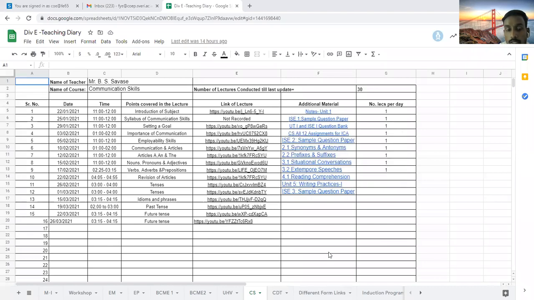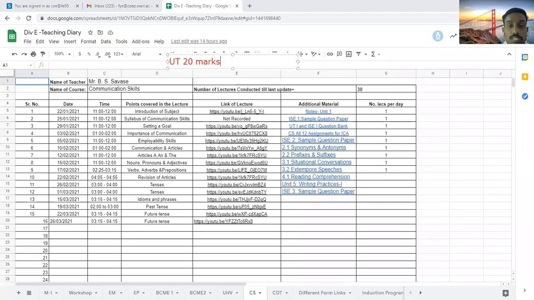First of all, instead of going ahead with ISC sample paper 2, I will discuss the pattern for unit test 2. On the screen, I would like to add a text here, and you can see if it is visible. So unit test will be for 20 marks.